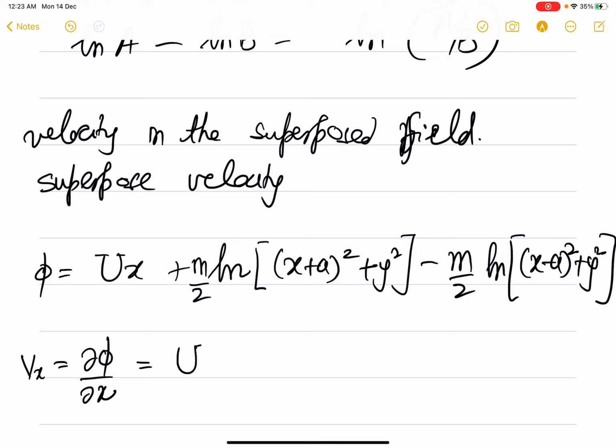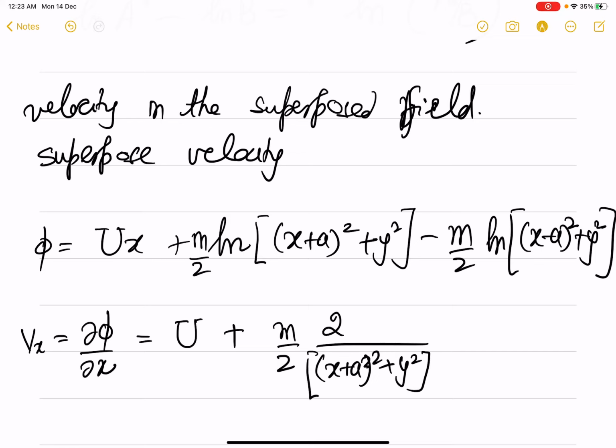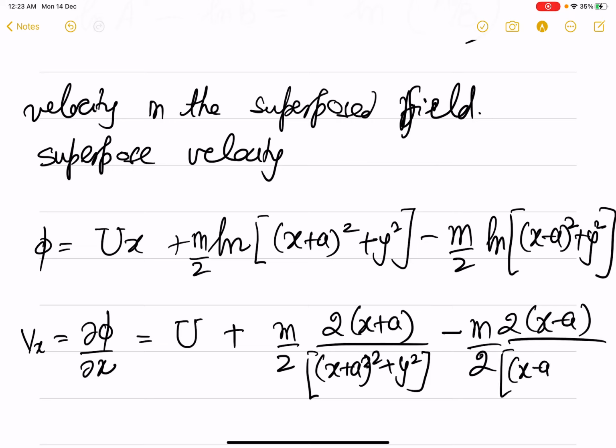So this will become equal to capital U, and then I differentiate the first term, I get m by 2 times 1 over x plus a whole square plus y square in the denominator, times 2 times x plus a, and minus, by the same thing, 2 times x minus a divided by x minus a whole square plus y square.